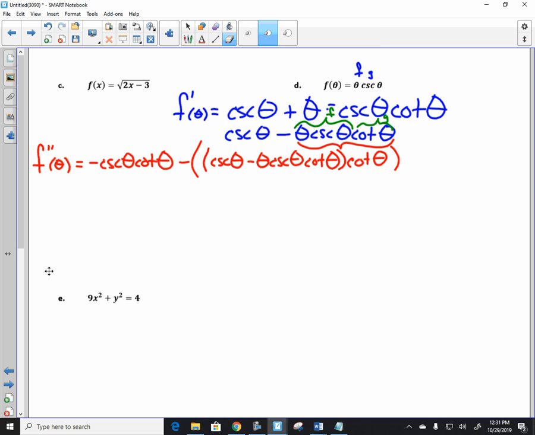Oh, don't want that parenthesis yet. Plus or minus? Plus. What's g prime? What's the derivative of cotangent? Negative cosecant squared of theta times theta cosecant of theta.